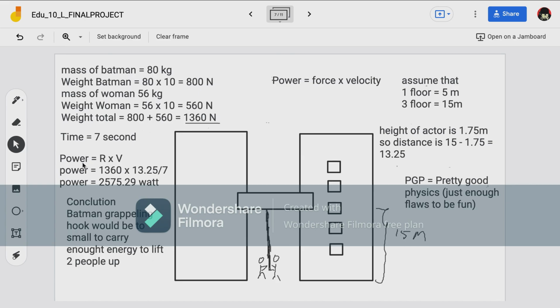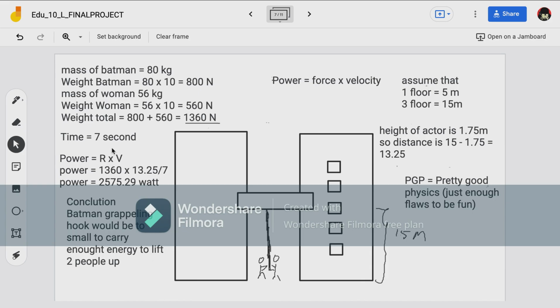So the power emitted by the grappling hook is 2575.26 watts. My conclusion is Batman's grappling hook would be too small to carry enough energy to lift the weight of 2 people.